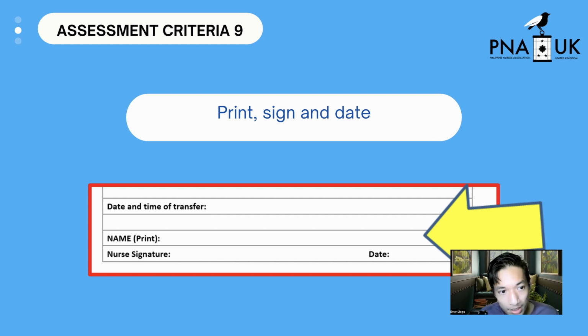Remember, on this particular form, there are 3 dates. At the beginning on the front page, there is a date, then on the second page, the date and time of transfer, and the date when you're signing the document, as you can see on your screen. For our students, probably 70% or 80% of them fail the station because of not writing the date, forgetting to sign the document, and not writing their name.